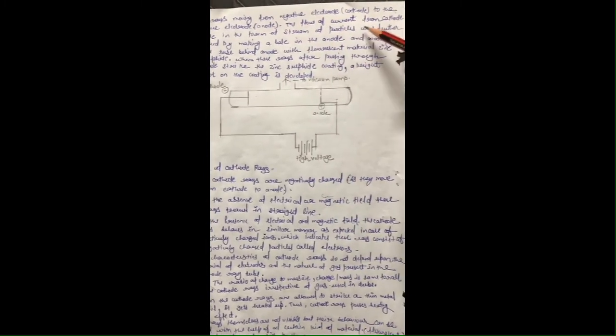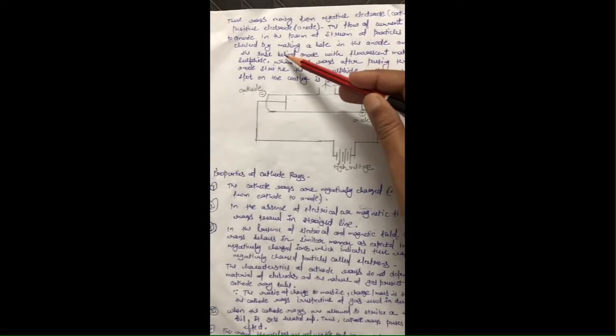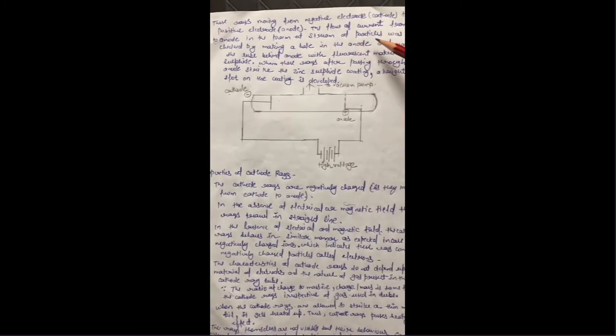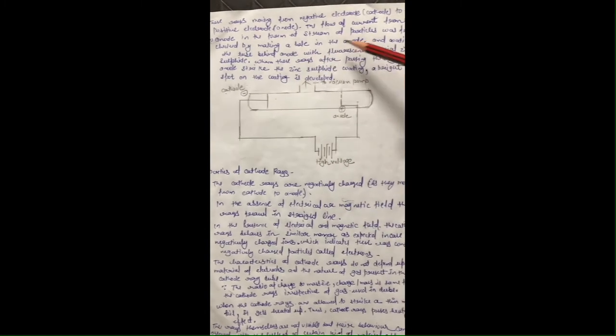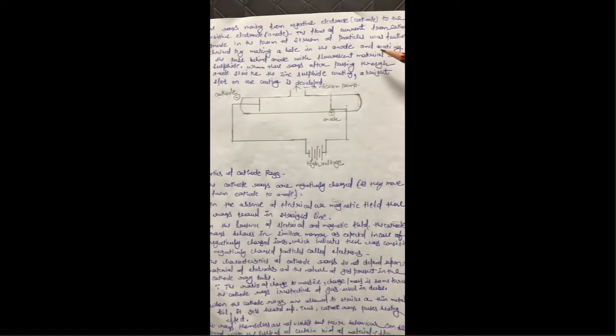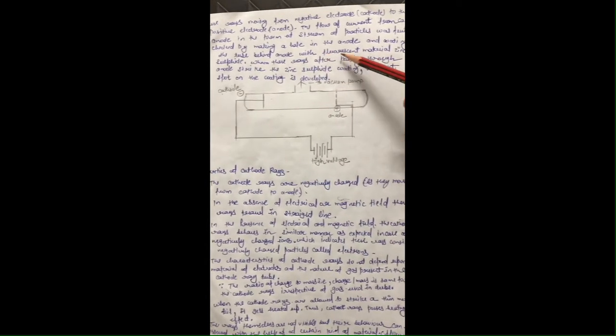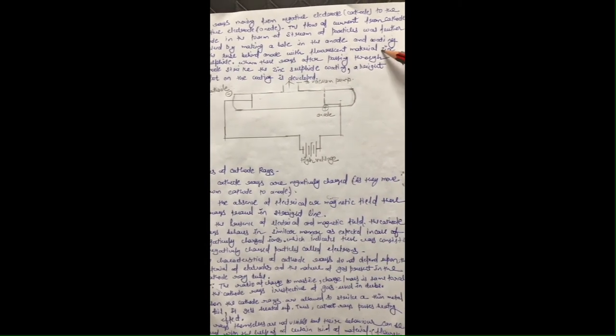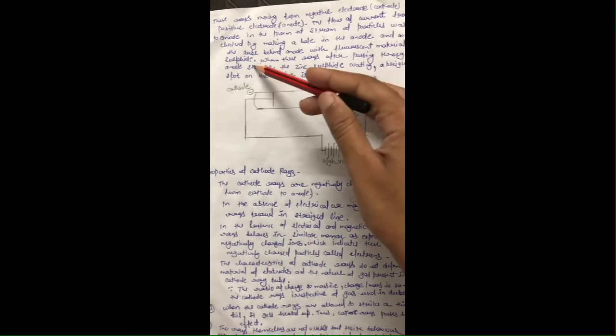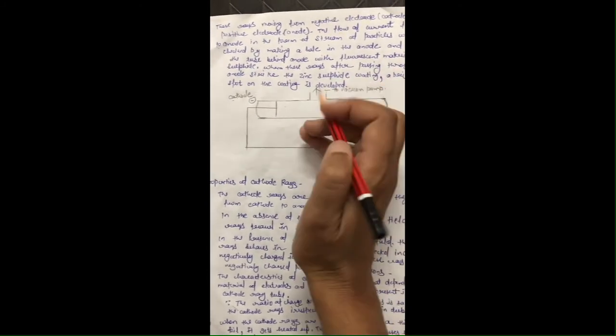The flow of current from cathode to anode in the form of a stream of particles was further checked by making a hole in the anode and coating the tube behind the anode with a fluorescent material, that is zinc sulfide.